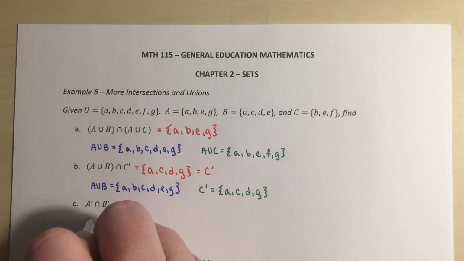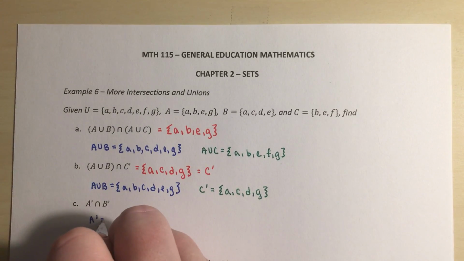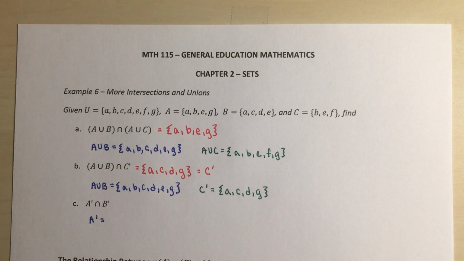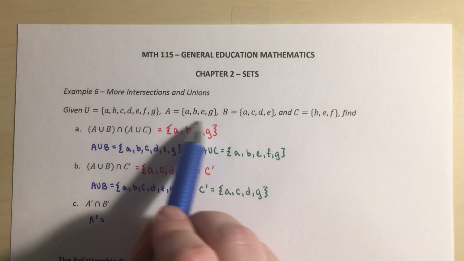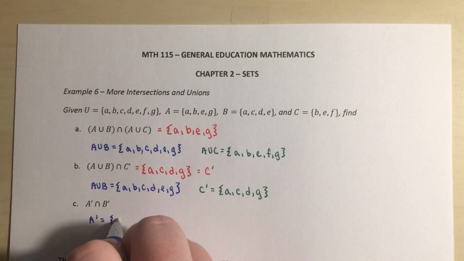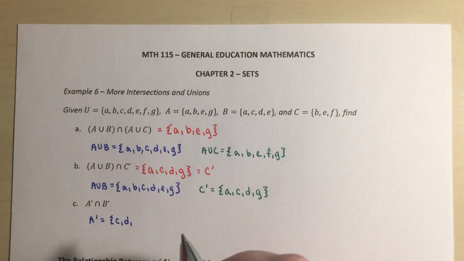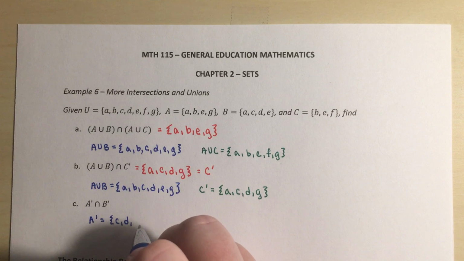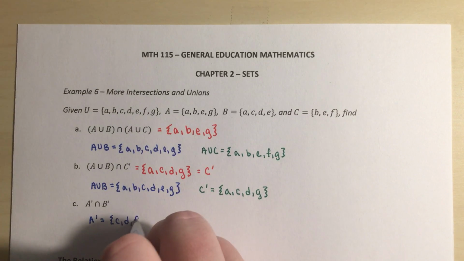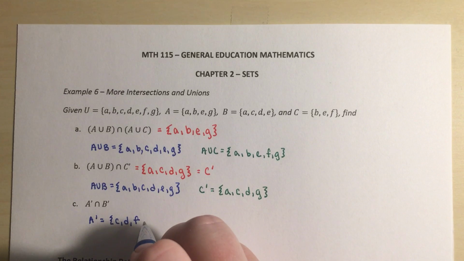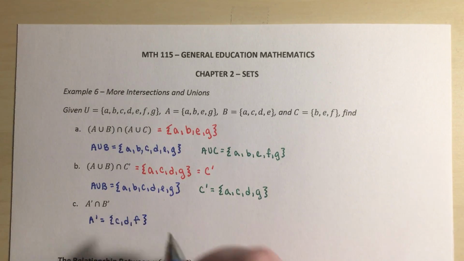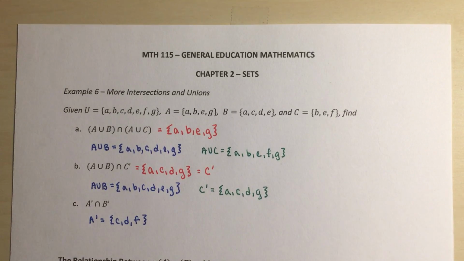All right, then for example C, we're asked to find the intersection of the complement of A and the complement of B. So the complement of A, anything that's not in A, is C, D, F, and that should be everything in the complement of A because everything else is in there.